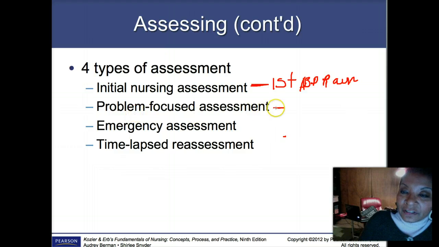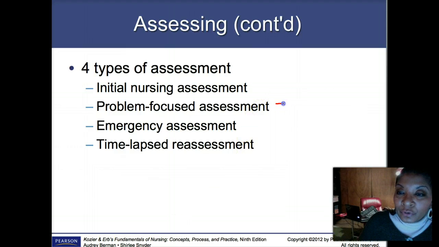That's your problem assessment: you might give them something for pain, but you reassess them for the same problem. You can do an initial assessment and then go back and reassess, because your reassessment is going to help you determine if your plan worked.